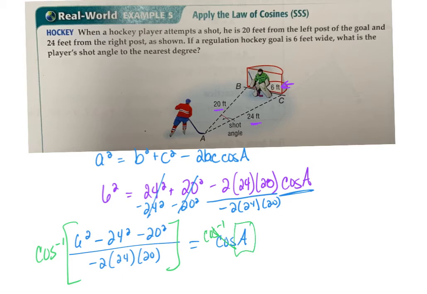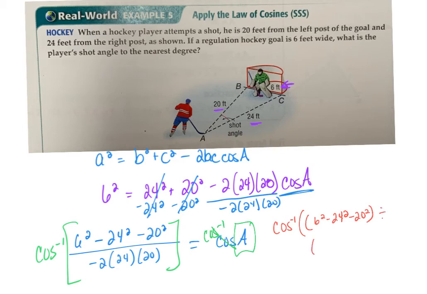You can do all of this in your calculator, but pay attention, okay? In your calculator, you're going to have to do the cosine, -1. It will automatically open a parentheses. You need a second set of parentheses there, okay? Open another set. You can do 6 squared minus 24 squared minus 20 squared. Close that parentheses. Then hit your division.